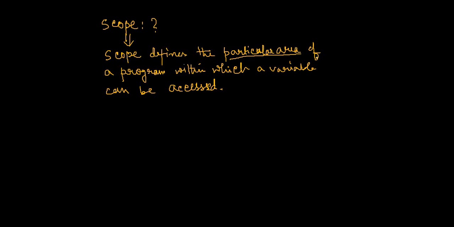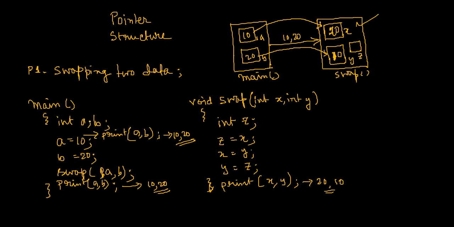This is actually, I should write, scope of a variable. Scope is about a variable. So if you go back, what is the scope of A and scope of B? It's very easy to realize.